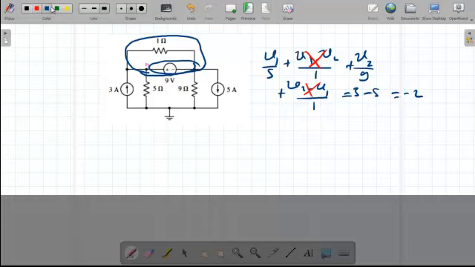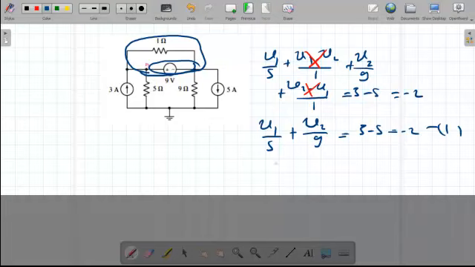So you can just straightforward write this V1 over 5 plus V2 over 9 will equal 3 minus 5 will equal minus 2. So this is your first equation. Second equation becomes V1 minus V2 equal 9, or V2 minus V1 equal minus 9.